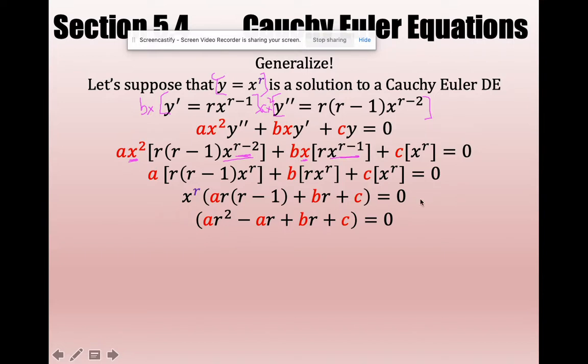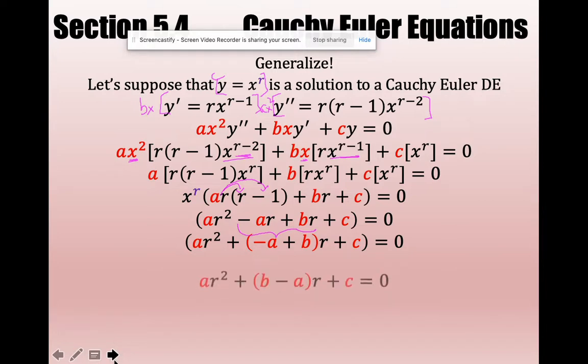So I divided through, and I was only left with this. And I distributed there. ar squared minus ar plus br plus c. Then I took this term and factored the r out of it. Then I wrote it a little nicer.